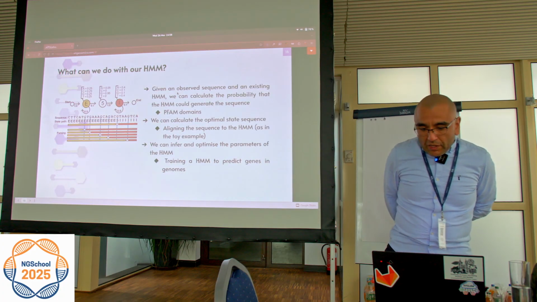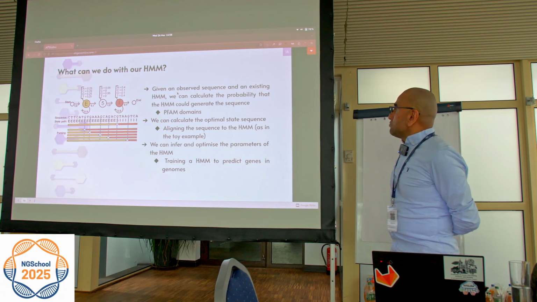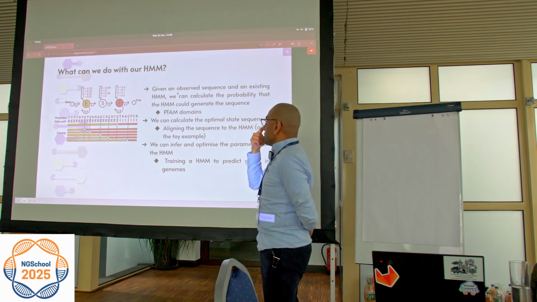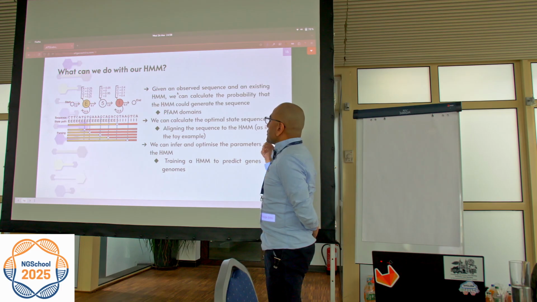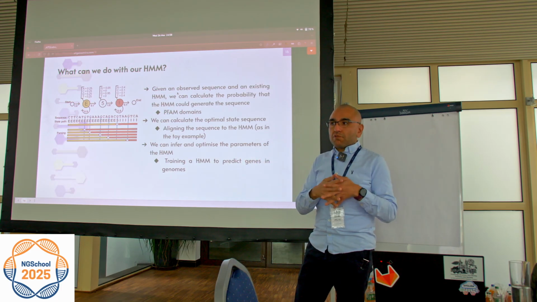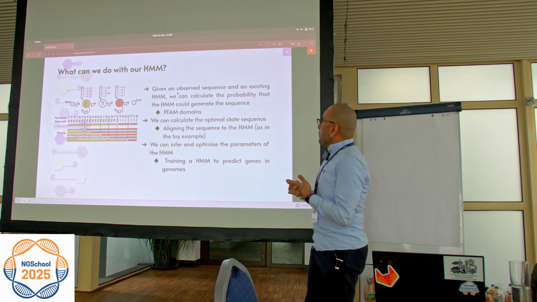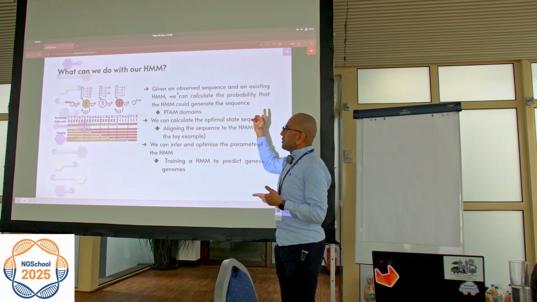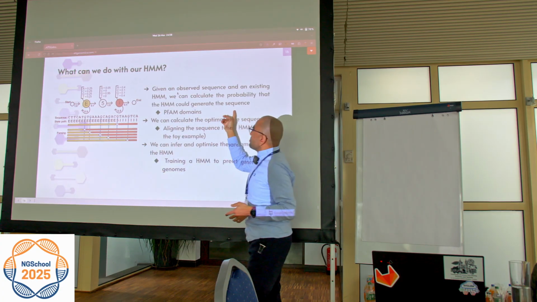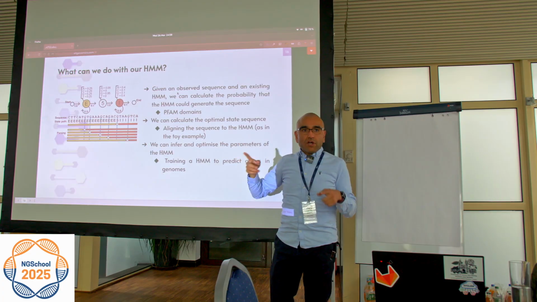Now, when we have an observed sequence and a pre-existing hidden Markov model, we can use our hidden Markov model for 3 main problems. One, we can calculate the probability that the hidden Markov model that we have here is actually producing the sequence that we are observing.